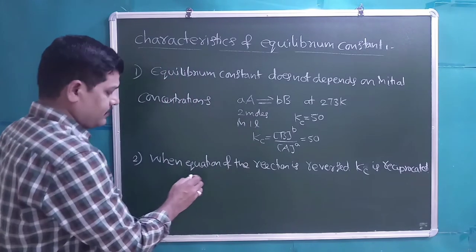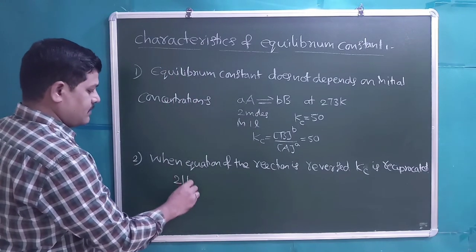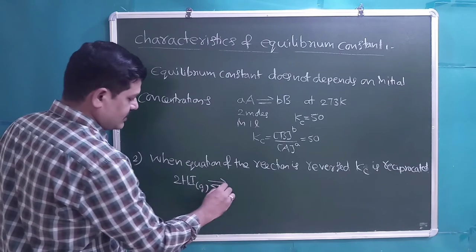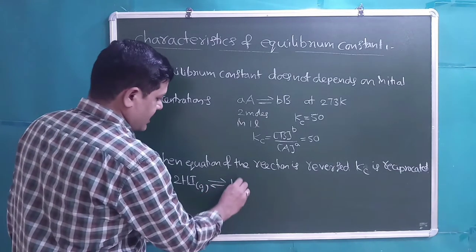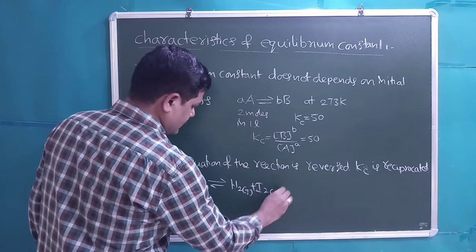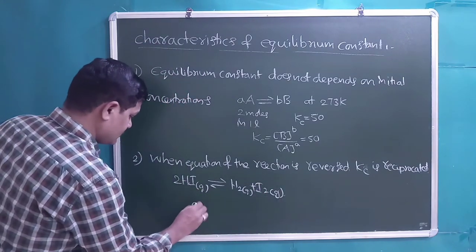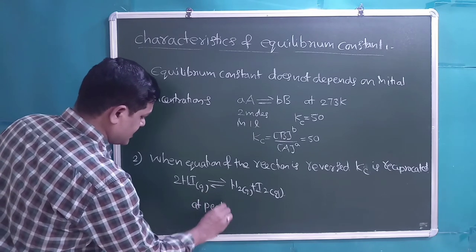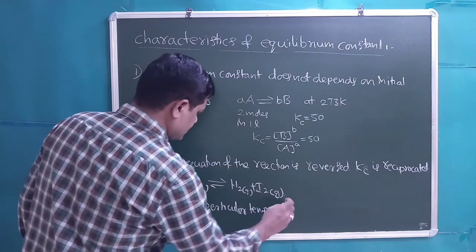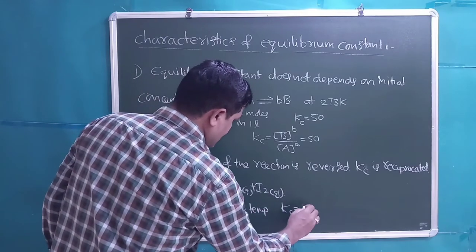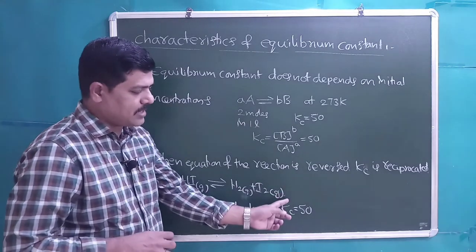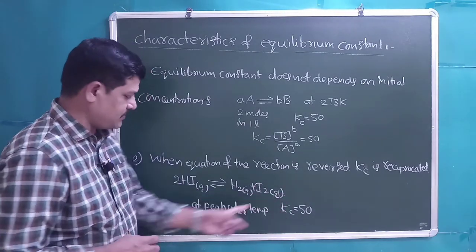For example, we will take an equilibrium reaction: 2HI gas in equilibrium with H2 gas plus I2 gas. Assume that at a particular temperature the Kc of this reaction is 50.